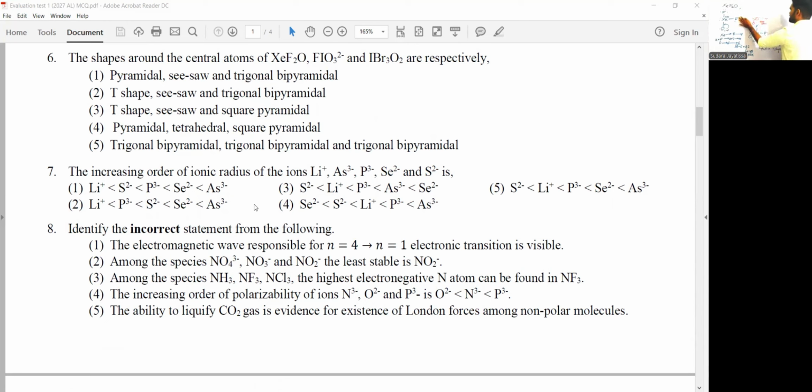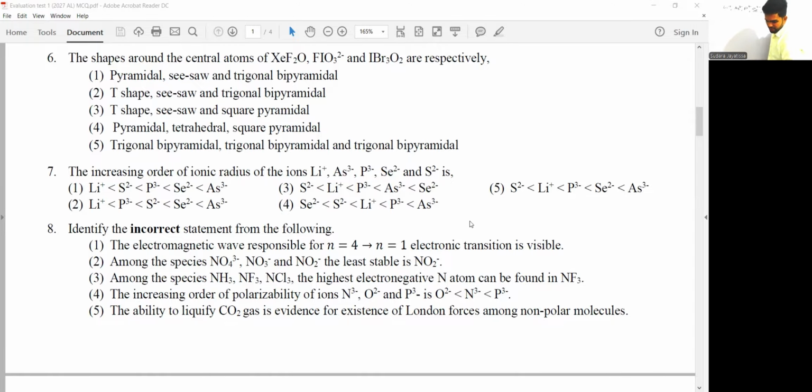That's where you should start. The ions are lithium plus, arsenic 3 minus, P3 minus, and then selenium and sulfur.